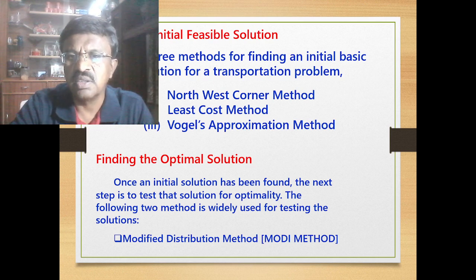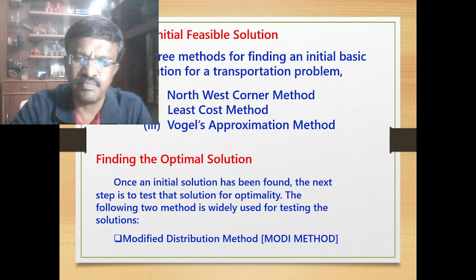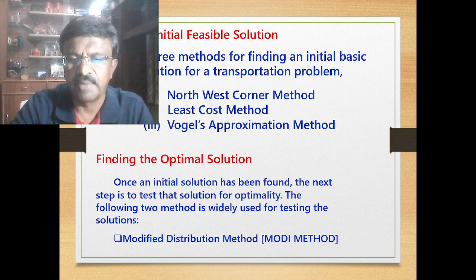After using any one of these three methods to find the initial solution of the transportation problem, that solution needs to be checked whether it is optimum or not. That is, otherwise it's a test for optimality. Test for optimality is done by a method known as modified distribution method or MODI method.